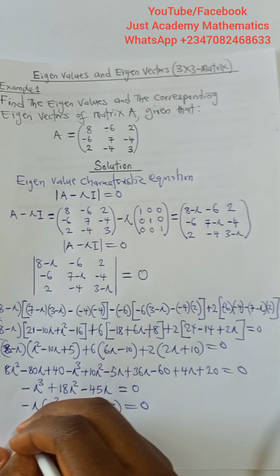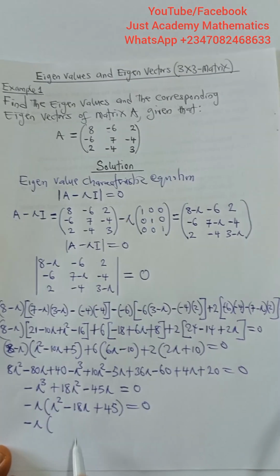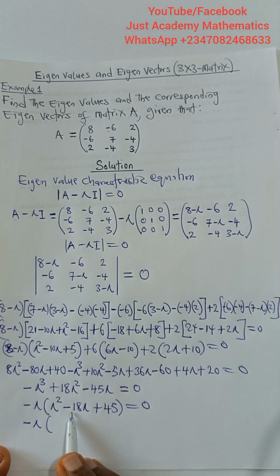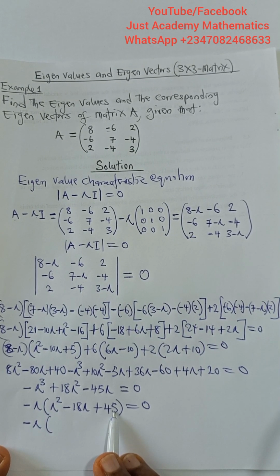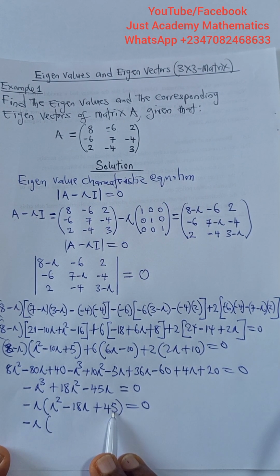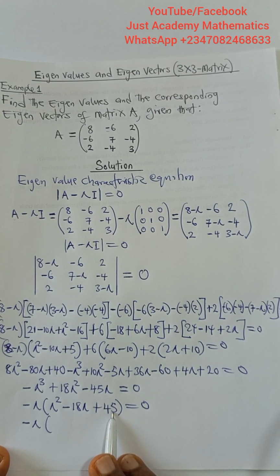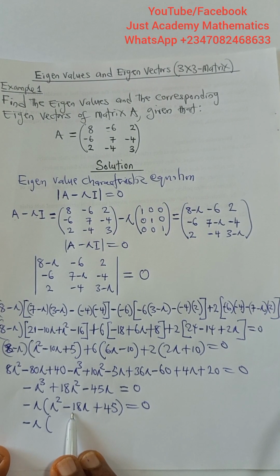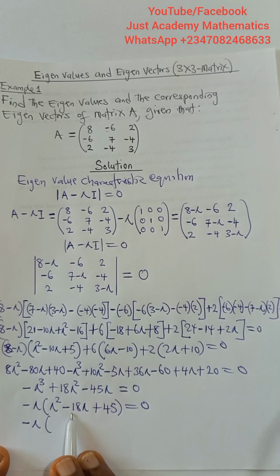To give me 45 when multiplied, and to give me minus 18 when added, what are the two factors? 15 and 3 should work. 9 and 5 cannot give us 18, but 15 and 3 can give us 18.